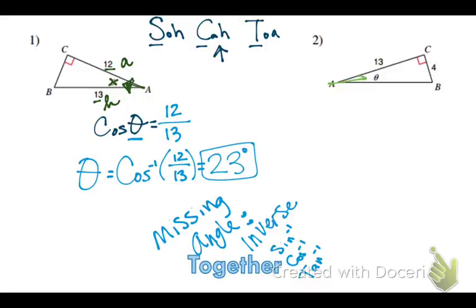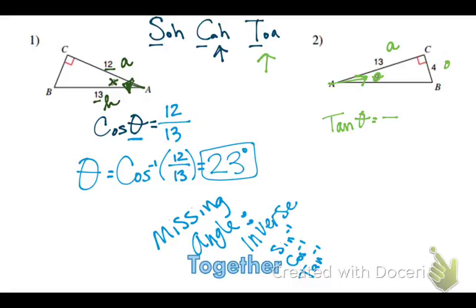On number 2, we're coming from this angle again because it's labeled. Theta is right here. What kind of side is 4? Opposite. What kind of side is 13? Adjacent. So SOH CAH or TOA? TOA, so tangent. Again, you can call it angle A if you want, because it is angle A. You can call it theta. It does not really matter.